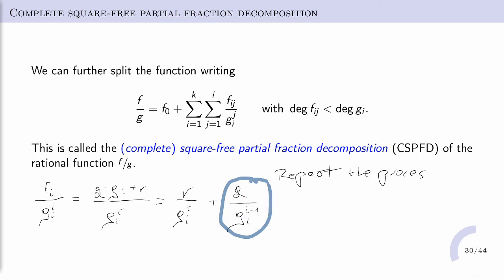Now we repeat, and we will have some new r over gi to the i minus 1 power, and some new q over gi to the i minus 2, and so on and so on. Finally, we will see this kind of sum here.